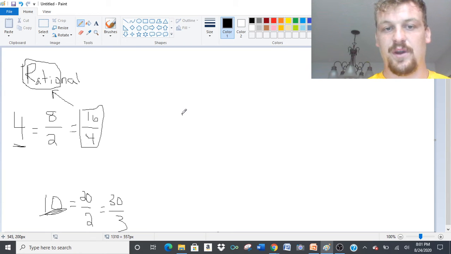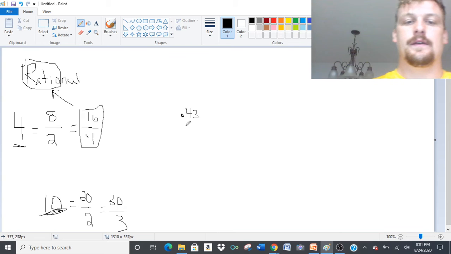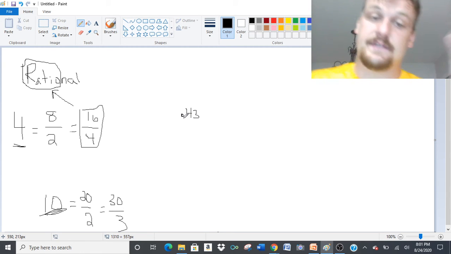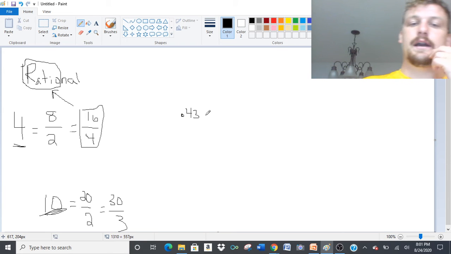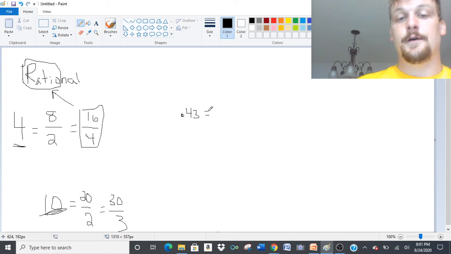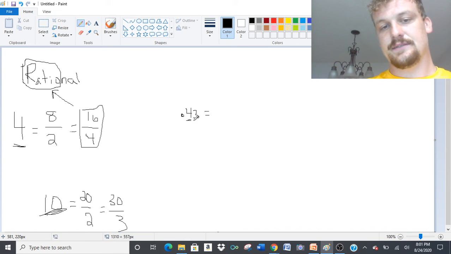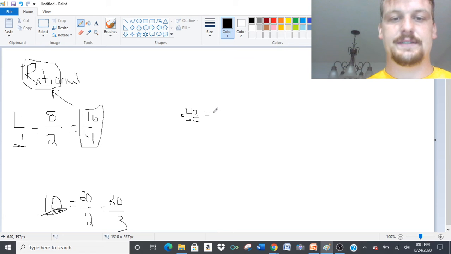Now let's make it just a little bit harder, assuming you got it. Let's do 0.43. One easy way is, again, to make this a fraction. If you're thinking, how am I going to make this a fraction? Think of it this way. This number is in the 10th place, and this one is in the 100th place.